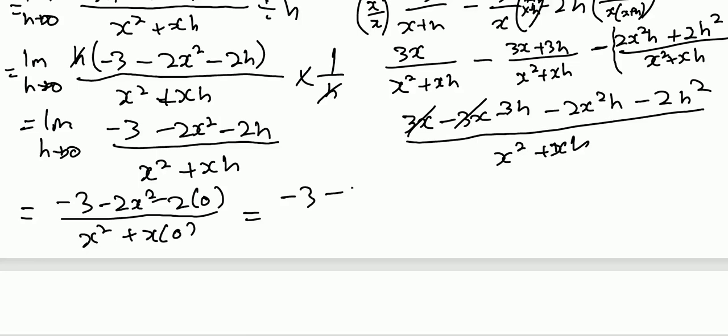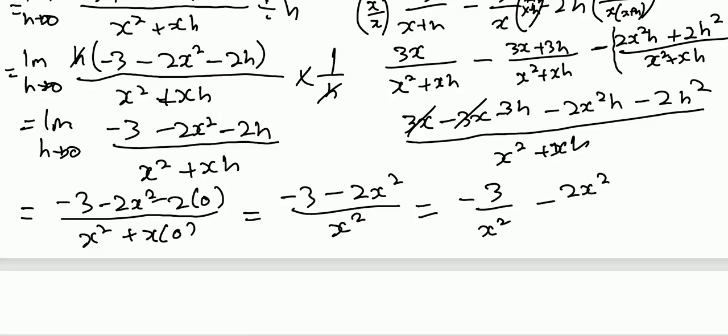Minus 3 minus 2x squared all over x squared. Then you can also write this as minus 3 over x squared minus 2x squared over x squared. Then this x squared cancels this x squared. You are left with minus 3 over x squared minus 2.